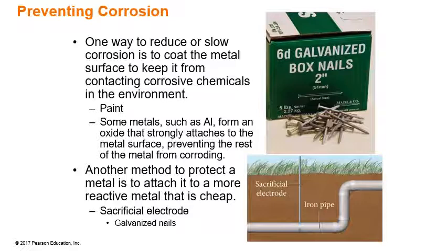So if you've ever seen galvanized nails, they have a coating of zinc on the outside that reacts with oxygen, and it actually intentionally oxidizes so that it protects the metal. We can also paint things. Aluminum is another one that forms an oxide layer that strongly attaches to the metal surface, and so that helps to protect it.